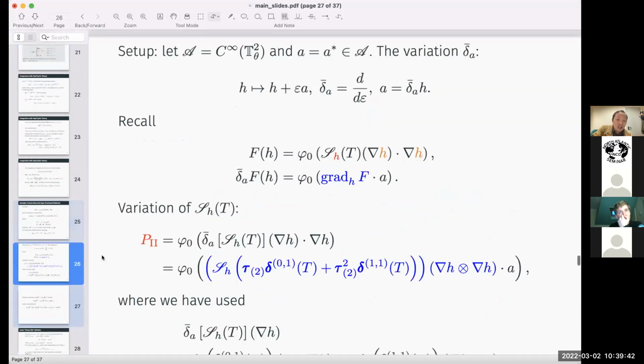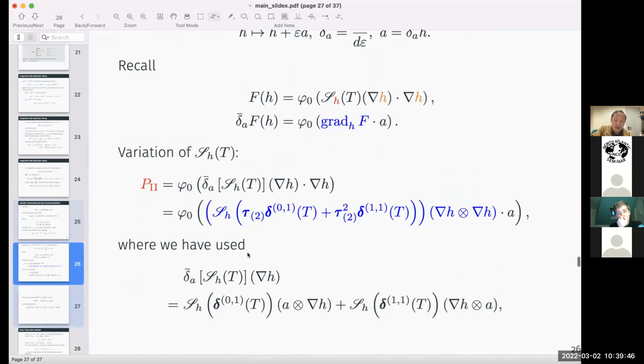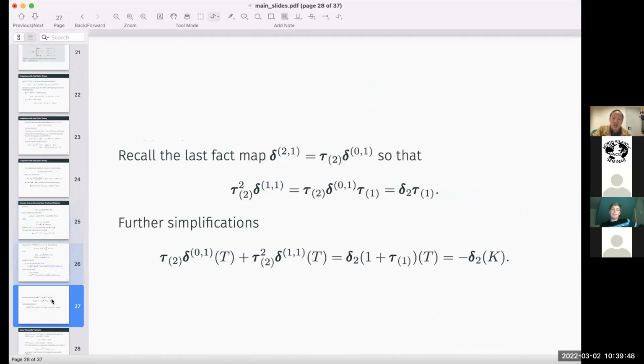Okay, so far this is a standard differential calculus, right? The cancellation comes in here. You have something like this, then you can use the relations between the cyclic structure and the simplicial structure.